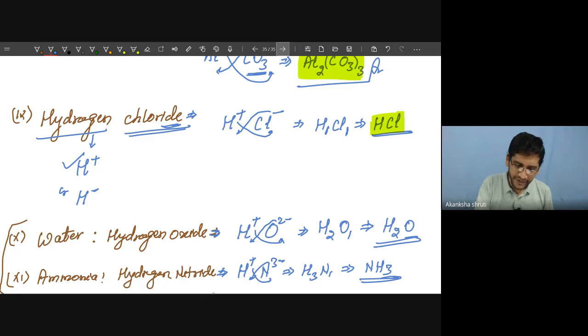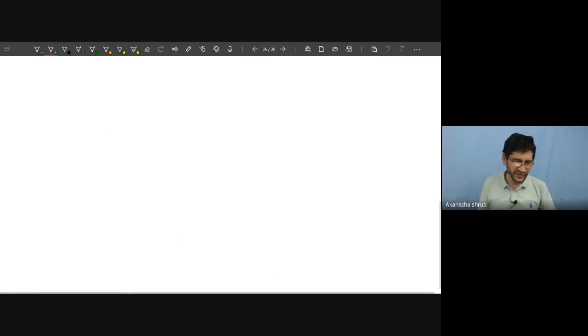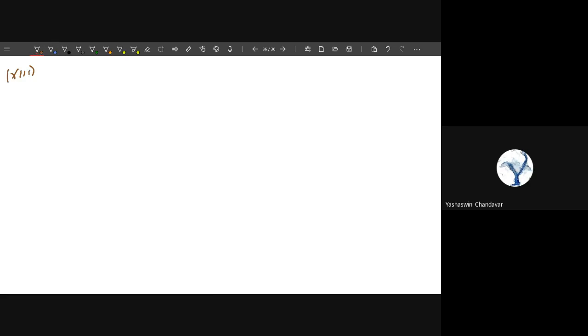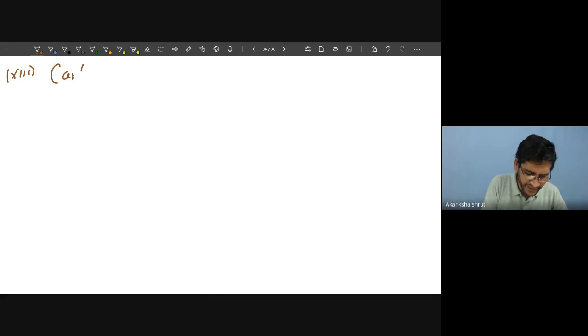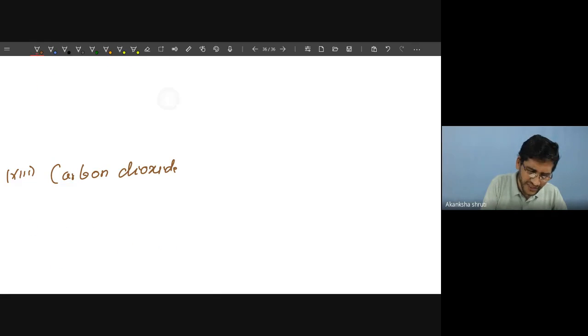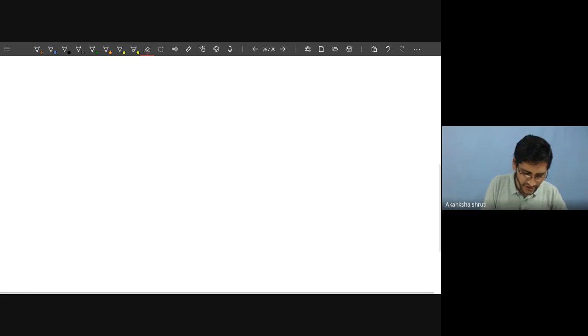Now coming to the carbon dioxide. What is the formula? CO2. Yes, but how is this coming? Carbon dioxide. Students, keep in mind, for carbon dioxide, for a moment you can leave their charge. So let us first understand this.